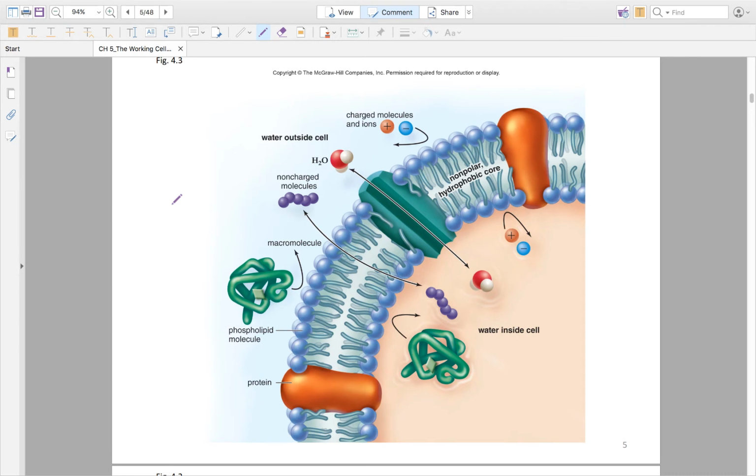This is a great diagram for looking at those properties. Now, here's our phospholipid bilayer. Here's some proteins. Okay, really quick, this is a water channel, and I'm going to label it because for some reason the book has not labeled it. Okay, these are called aquaporins, like aqua, like water, right?